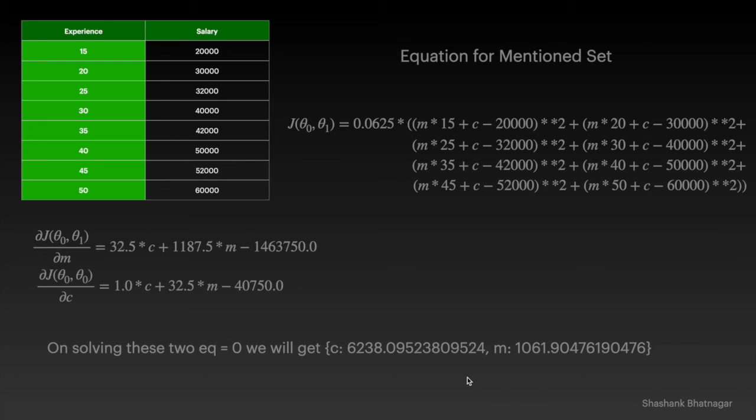We can validate the values of c and m with the help of other methods as well, which we will see in subsequent lectures. We will also validate the same results using practical implementation in Python using linear regression and the OLS method.